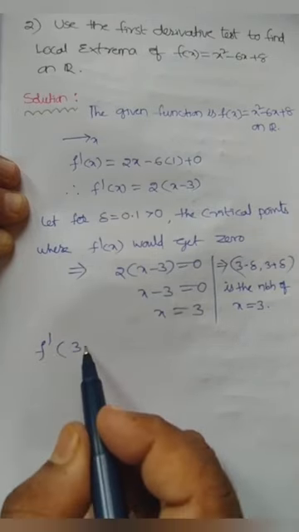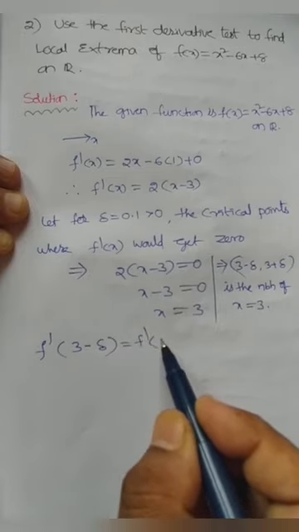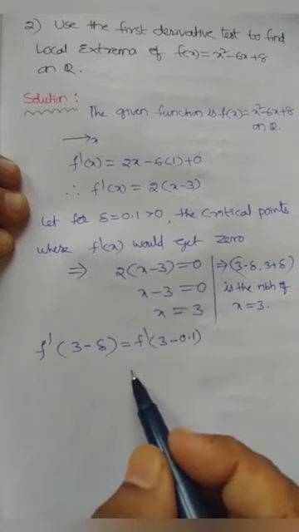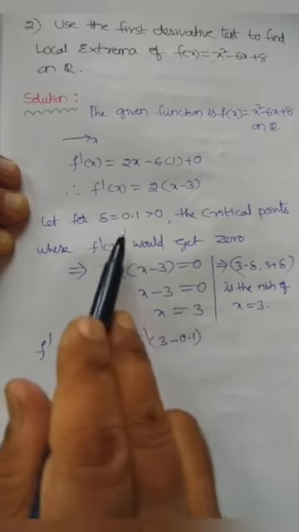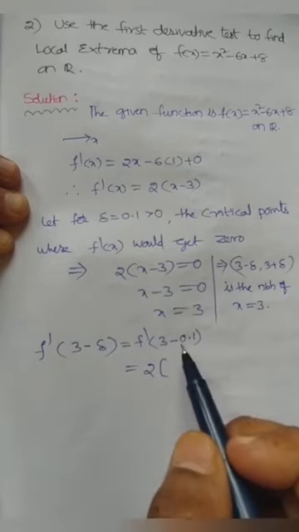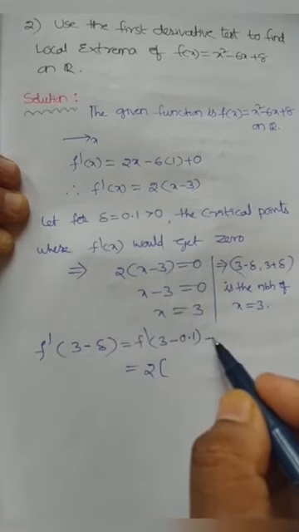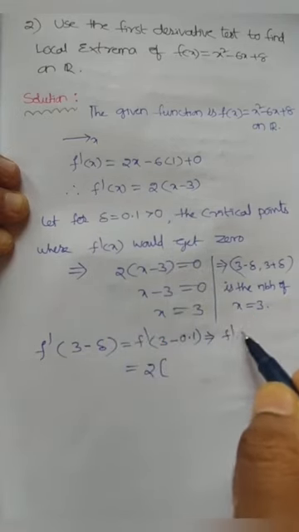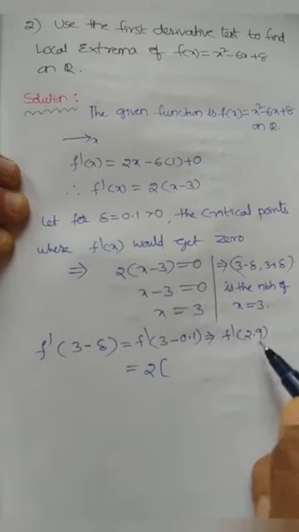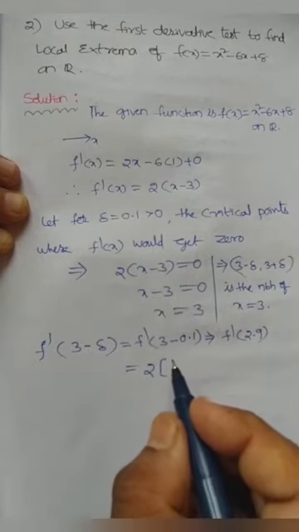So 3 minus delta means f dash of 3 minus delta, with delta 0.1. So what am I getting here? In place of x I am going to substitute 2.9.